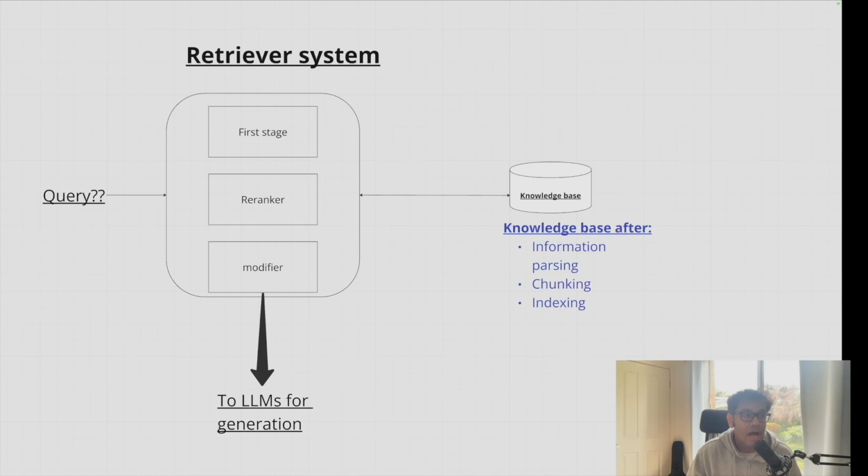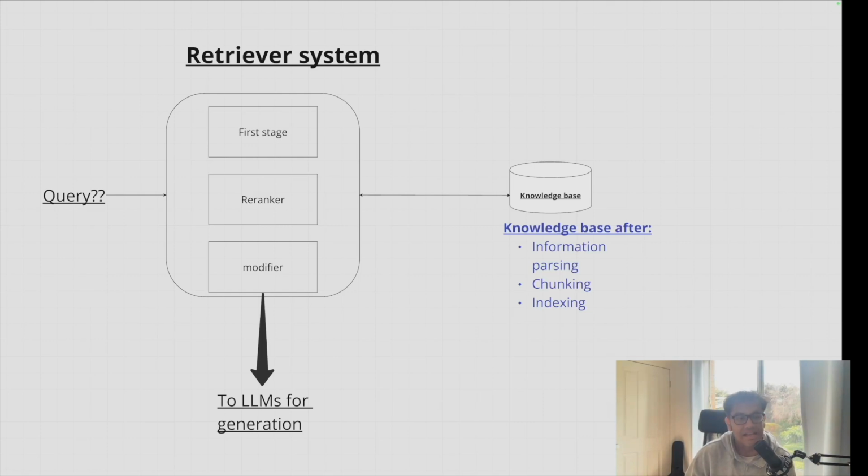Now, this whole retriever backend is connected to a knowledge base, and there is another step, which we'll cover as we move forward in the lecture, in which the knowledge base is converted into a form which is more suitable for an information retrieval system.